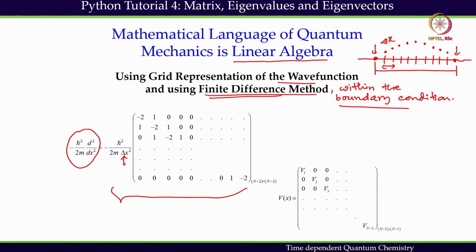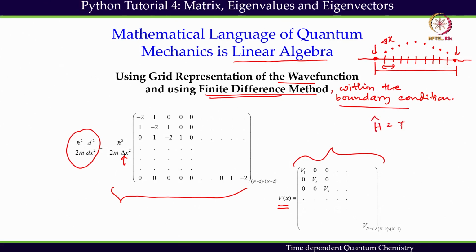On the other hand, the potential energy part, as we have seen, can also be represented in matrix form, and it gives a diagonal matrix. So, potential energy is a diagonal matrix, kinetic energy is a tridiagonal matrix, and if we add them together we get the total Hamiltonian.